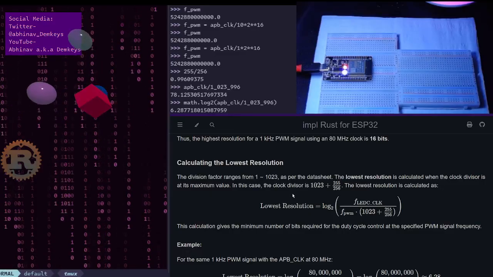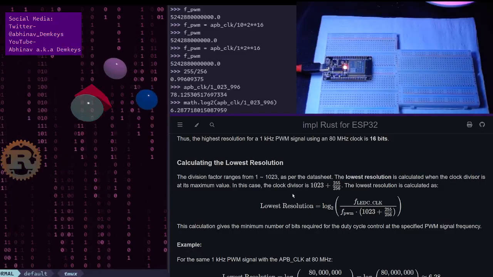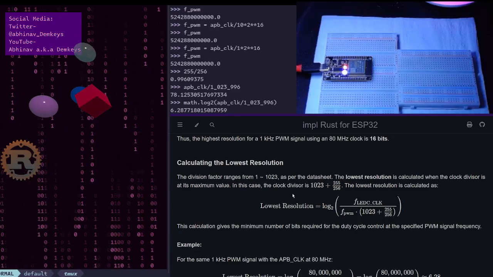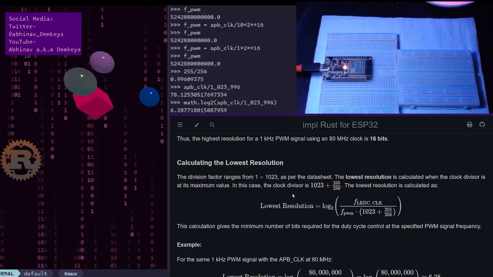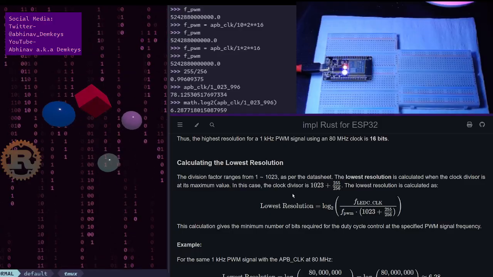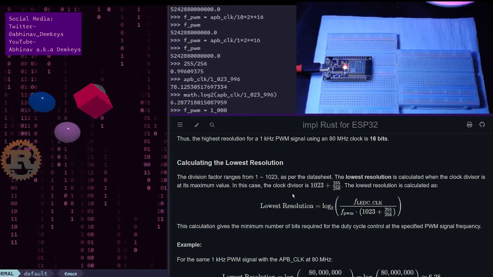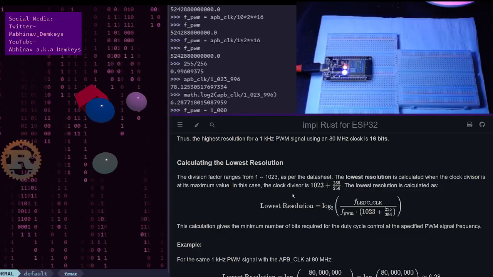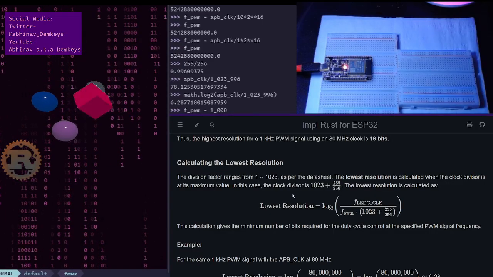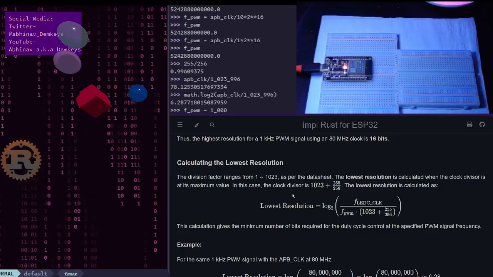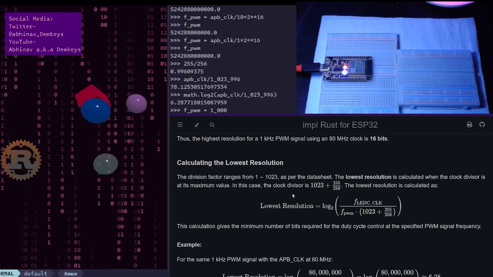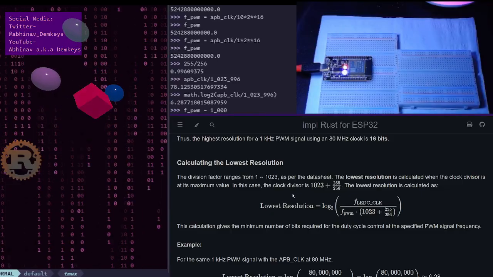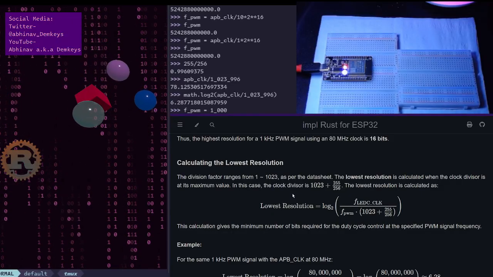Okay, let's say 1 kilohertz. f_PWM equals 1000. So h res equals math.log2 of APB clock divided by f_PWM.